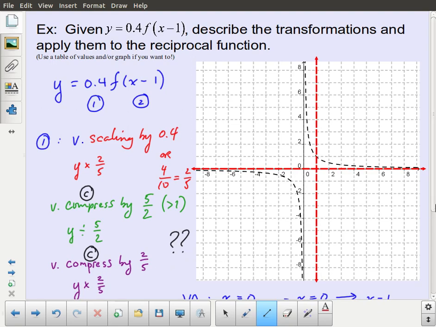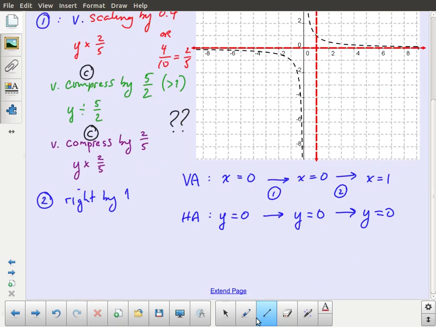Now I can take those other key points, for example, the point (1, 1). The first transformation is a vertical scaling. In this case, it's a compression. So for (1, 1), the x-coordinate does not change, and the y-coordinate becomes smaller. It used to be 1, and we multiply by 2 over 5.